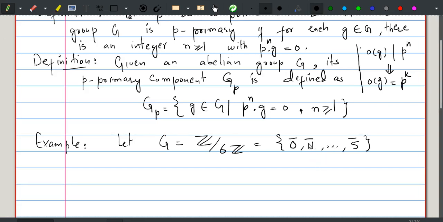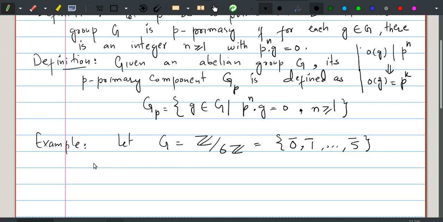So 1 bar is all those integers which when divided by 6 leave remainder 1. Similarly, 5 bar is all those integers which when divided by 6 leave remainder 5.